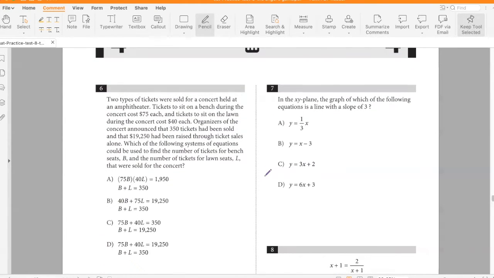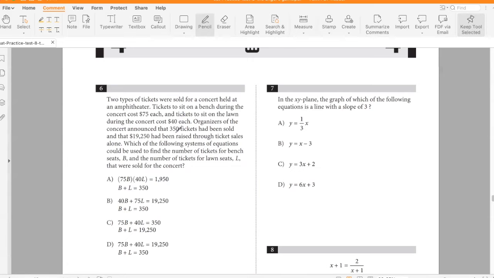Two types of tickets were sold for a concert held at an amphitheater. Tickets to sit on a bench during the concert cost $75 each, and tickets to sit on the lawn cost $40 each. Organizers announced that 350 tickets had been sold and that $19,250 had been raised through ticket sales alone. Which of the following systems of equations could be used to find the number of tickets for bench seats, B, and the number of tickets for lawn seats, L, that were sold?